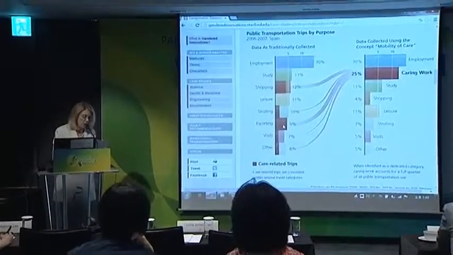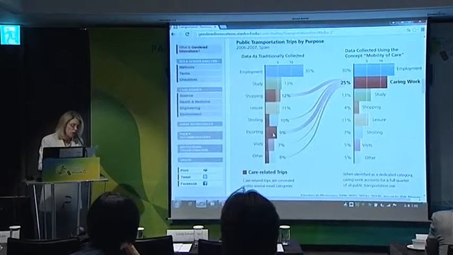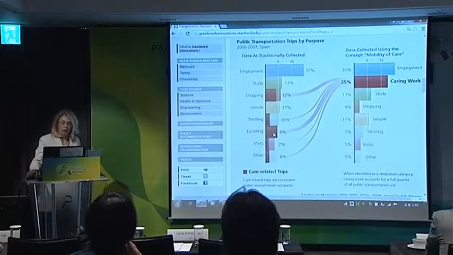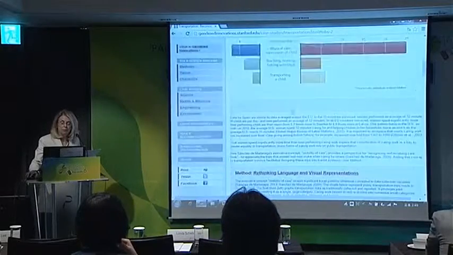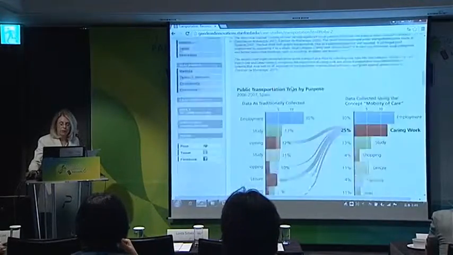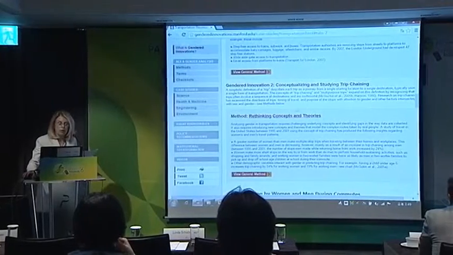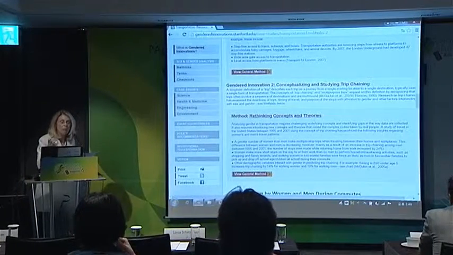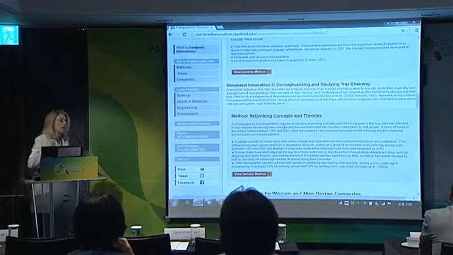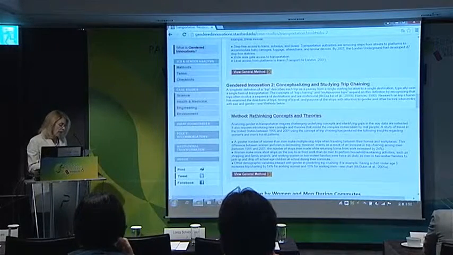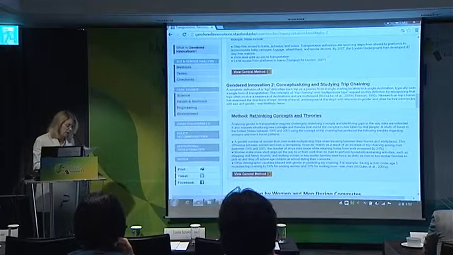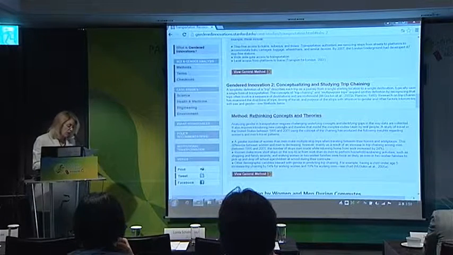So the main method here, I should say, is reconceptualizing our basic concepts and our basic values about how we're collecting data. And it's a very important method that we have.